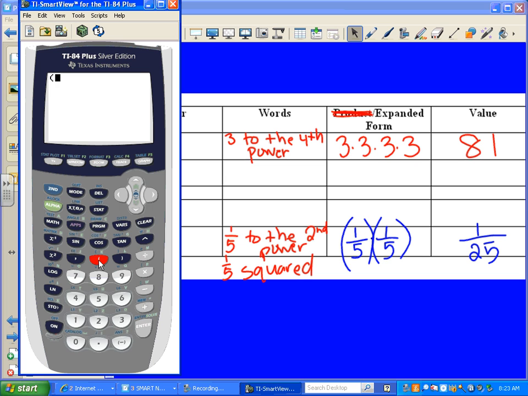Type in 1 divided by 5, and put an end parenthesis. So the fractions have to be 1 divided by something. It's annoying, but use your division symbol.